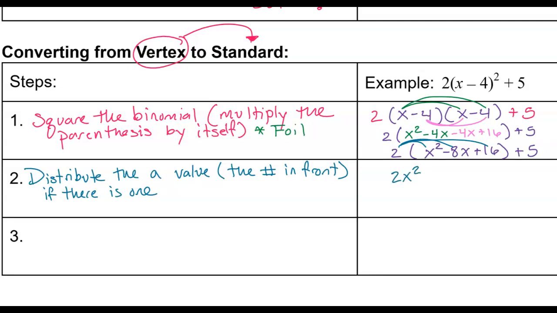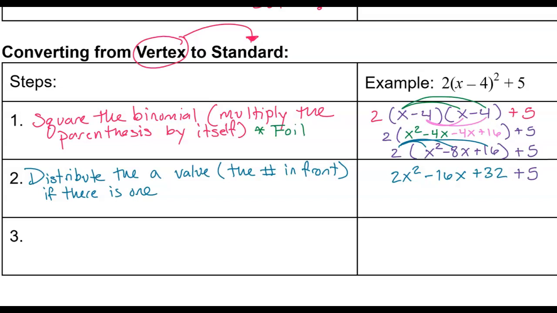And when we distribute the 2 to the second term, what does it become, Ava? Negative 16x. And when we distribute 2 into the last term, Kennedy, what do we get? Plus 32. What can't we forget to bring down? We need to bring that plus 5 down. It didn't disappear, it's just on the end.